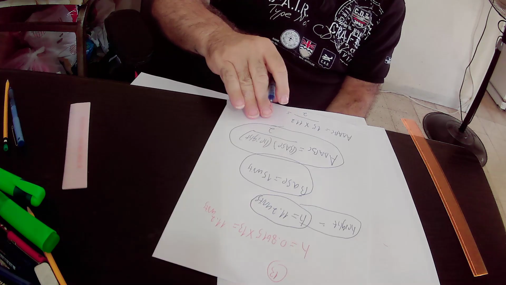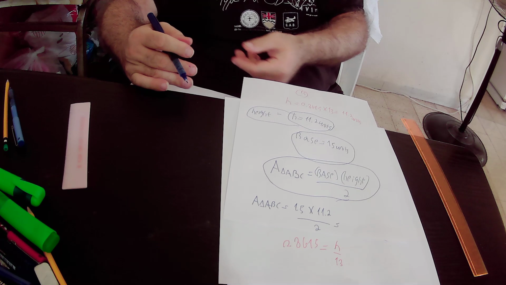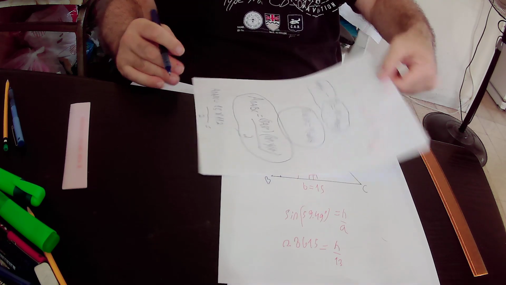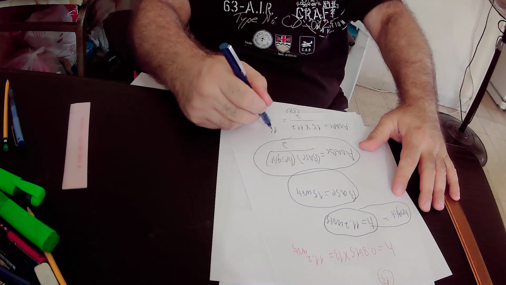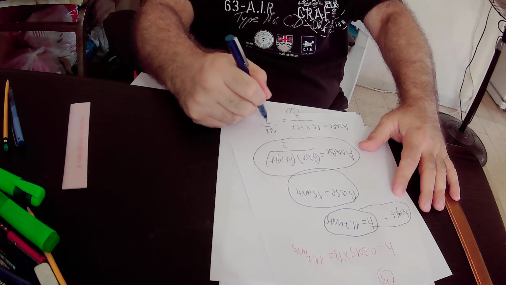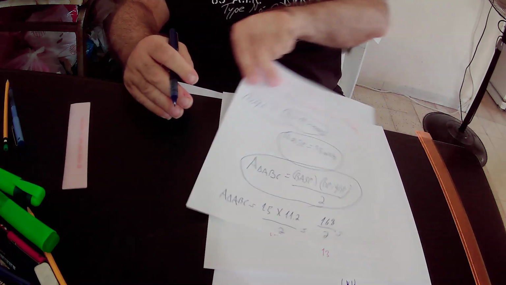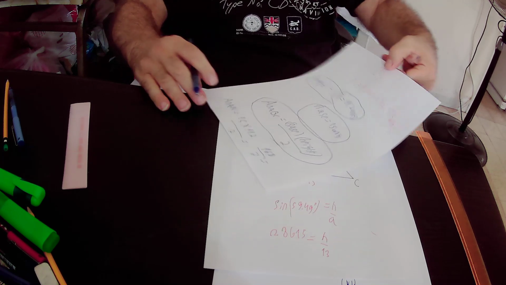So we found out that the area of triangle ABC equals 15 times 11.2 over 2. And 15 times 11.2 is 168, over 2. So 168 over 2 is 84 square units.